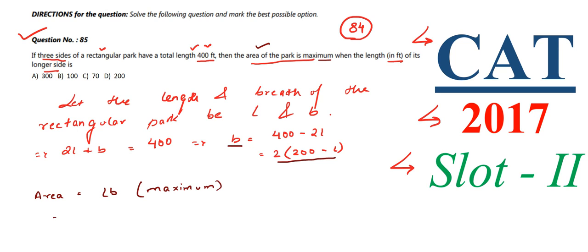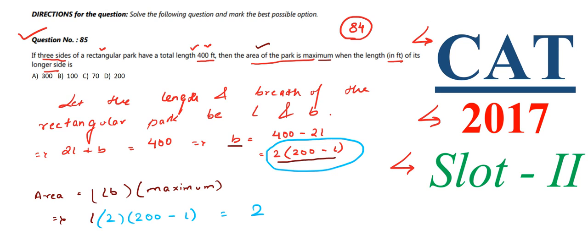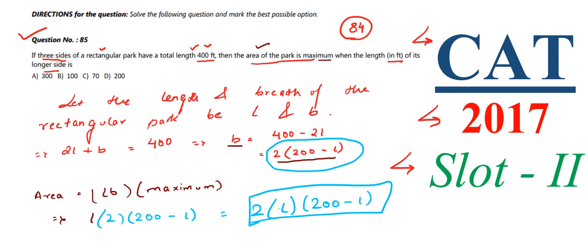So if L into B should be maximum, here we have obtained the value of B to be 2 into 200 minus L. So we will replace this there. So here we have L into 2 into 200 minus L. So this can also be written as 2 into L into 200 minus L. So we need this equation to be maximum, and as 2 is a constant, we can neglect that.